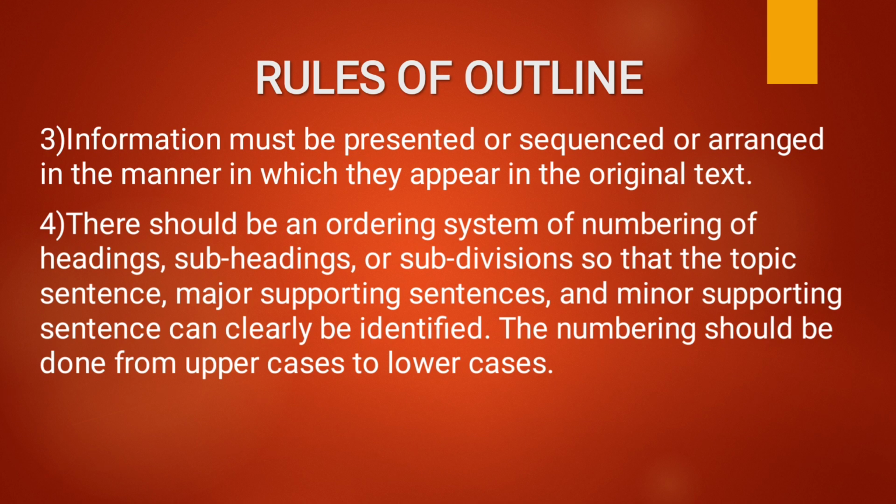Nice one. And then you can use small letter or lowercase alphabet for all minor supporting sentences. And then you can also use small Roman numerals, or lowercase Roman numerals, i, for all subdivisions.